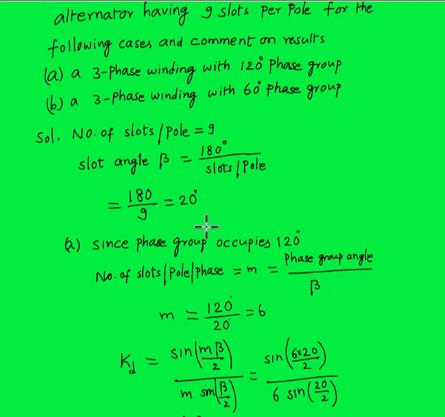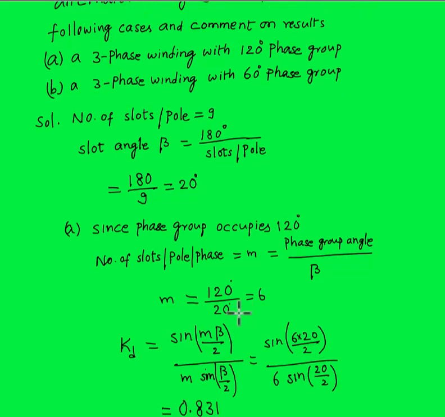Next, since the phase group occupies 120 degrees in the first case, the number of slots per pole per phase m becomes phase group angle divided by the slot angle, that is beta. So phase group angle is 120 degrees divided by 20. So we get m equal to 6.